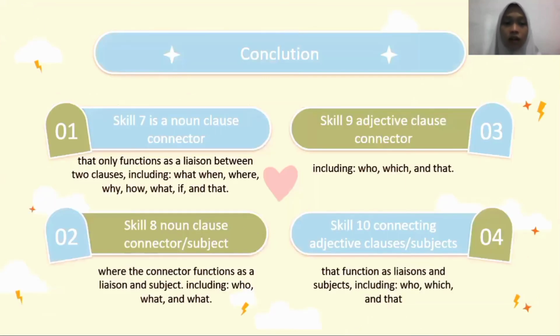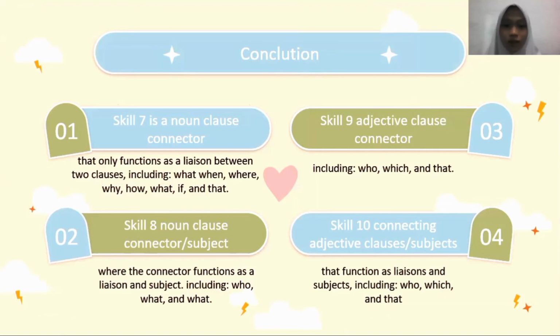In conclusion, I would like to say skill 7 is a noun clause connector that only functions as a liaison between two clauses including what, when, where, why, how, if, and that.